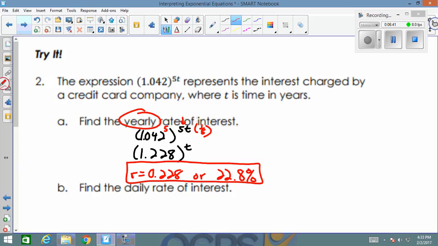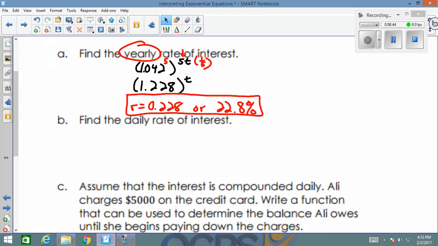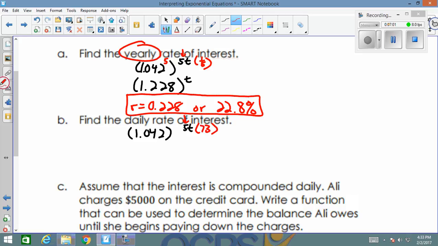Okay. Next one is the daily. Okay, so it's 1.042 raised to 5t. We need to make this 5 into 365, because it's 365 days a year, so let's do 365 divided by 5. That gives me 73. So we're going to multiply this by 73, which means in here I'm going to raise it to the 1 over 73 power.